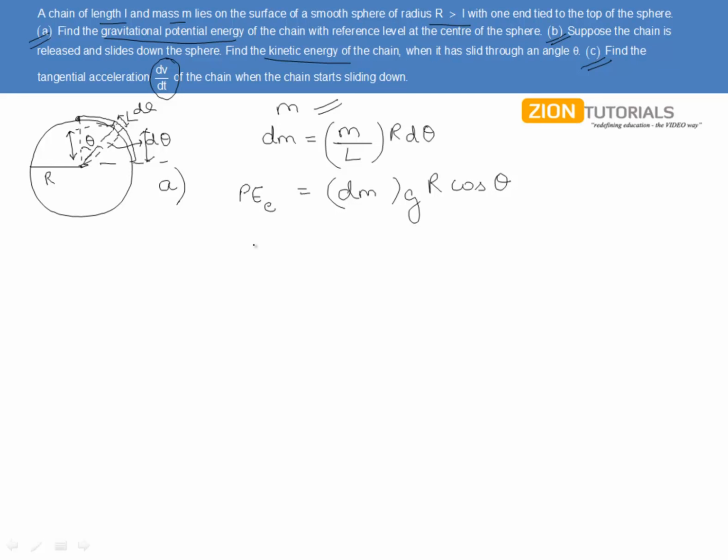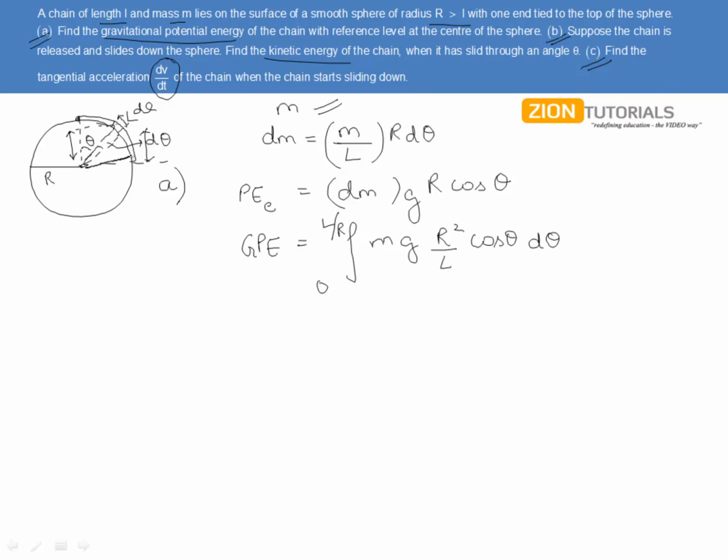Now total gravitational potential energy can be simply found out by integrating it. That is the integral of mg r square by L, because we have put the value of dm from above, cos theta d theta from 0 to L by r, right? This L by r is because we have taken the length to be r phi.